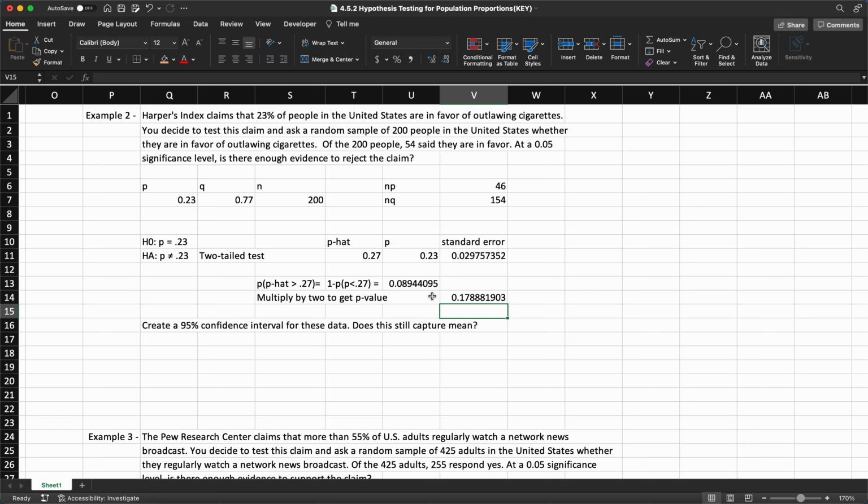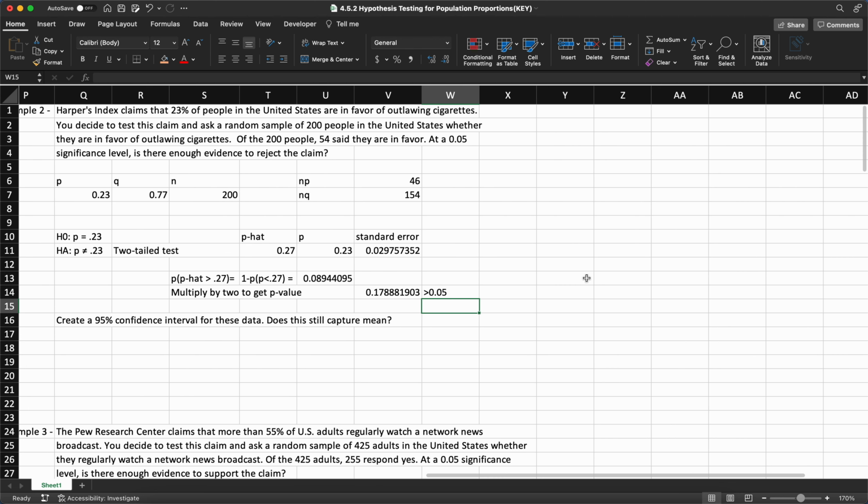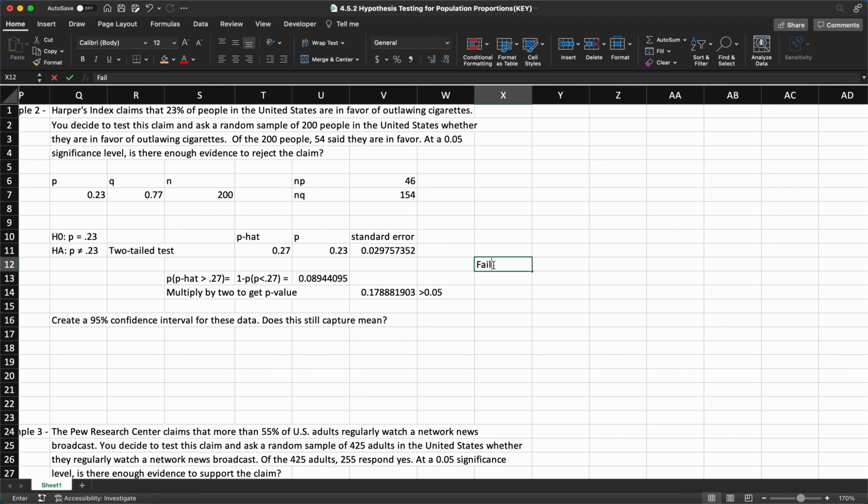So now we're up to 0.18 as a p-value. That is greater than 0.05. Even 0.089 was bigger than 0.05. And so we are going to fail to reject the null hypothesis.